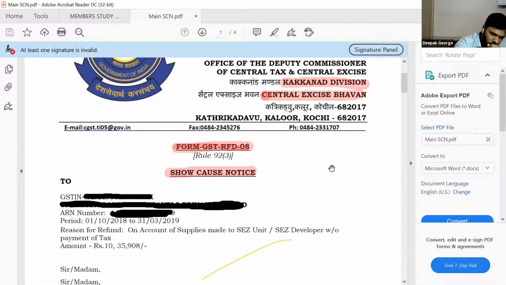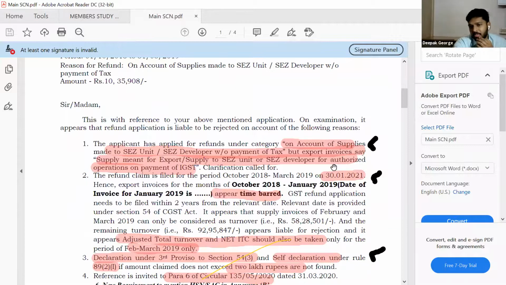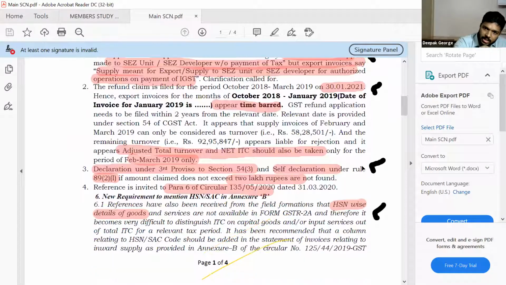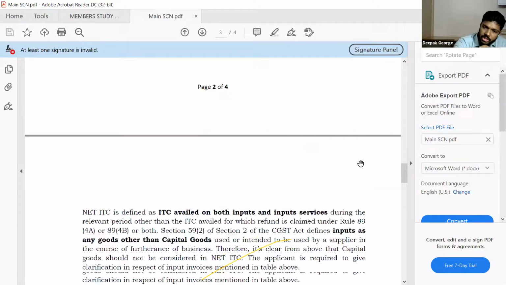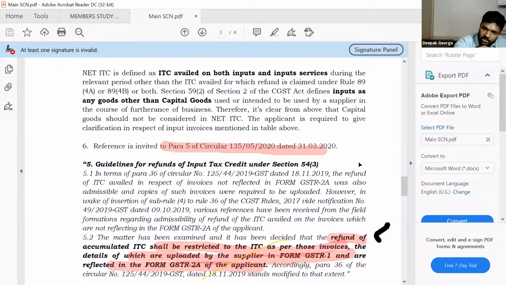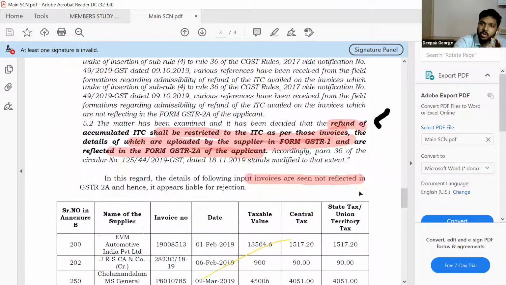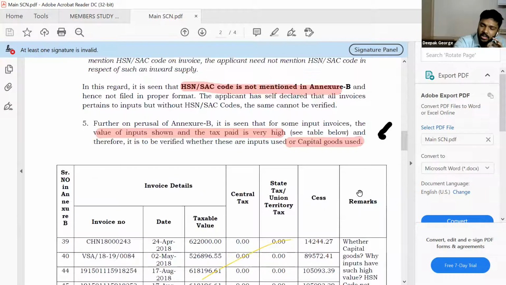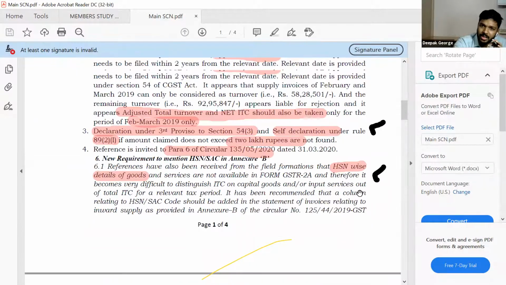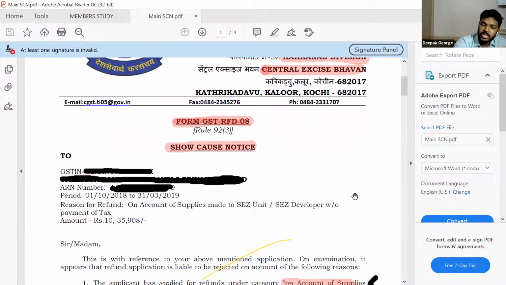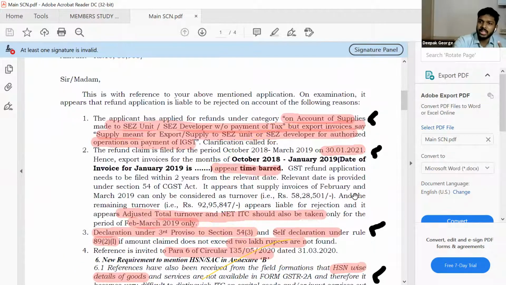In this particular show cause notice, I have highlighted the important facts, and all these audit marks that you can see are the various points for which the GST officer has rejected the application. This again is, I would say, the best show cause notice I've received till date for GST. Usually it's only a one-page show cause notice saying that you have not uploaded this document, show cause as to why you should not get the refund.